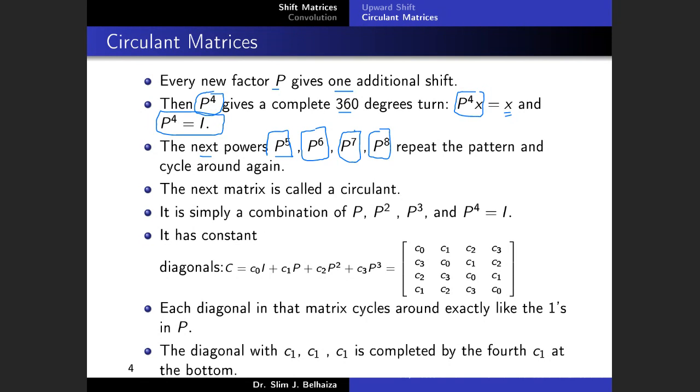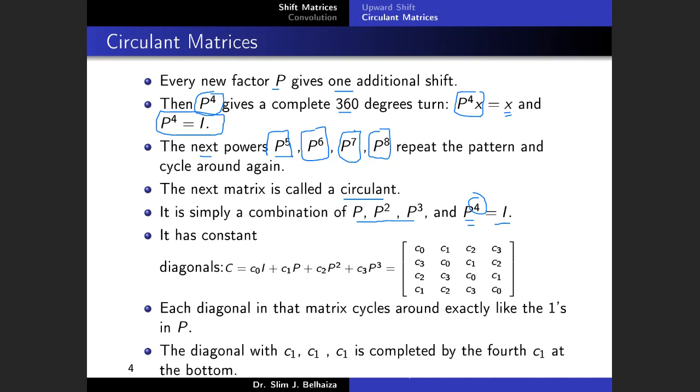Now, the next matrix is called circulant. It is simply a combination of these P's, and the last one is P to the power 4, which gives R. So it has constant diagonals.